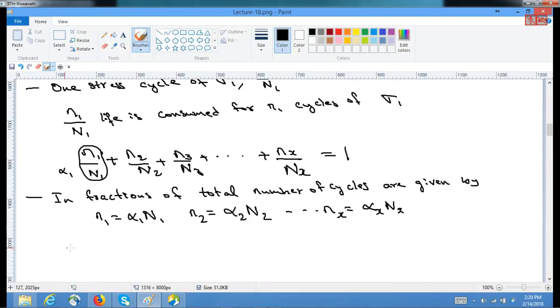We can say that alpha 1 plus alpha 2 plus so on plus alpha x is equal to 1.